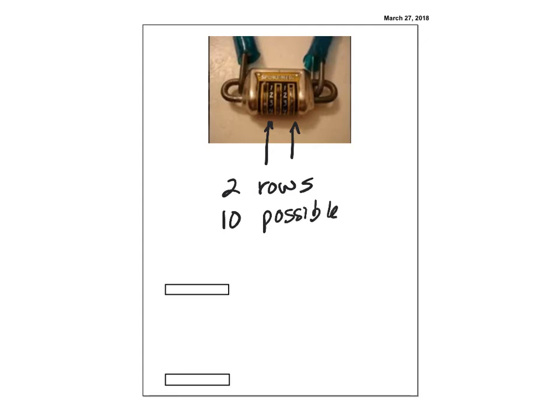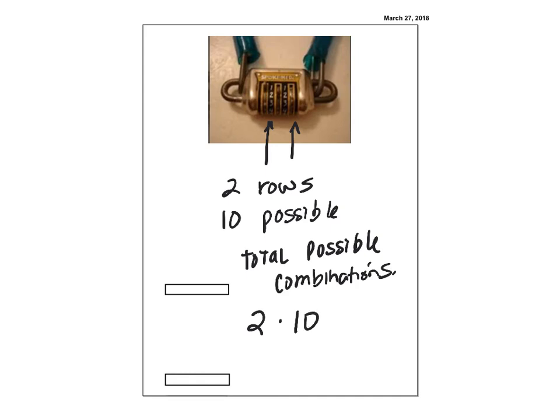So what are the total possible combinations? What do you guess? Well, 2 rows times 10 possible numbers gives you 20 combinations.